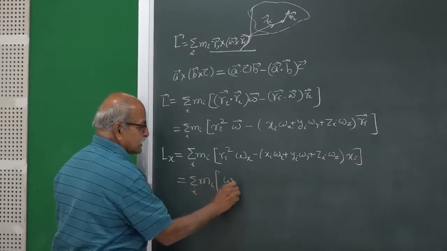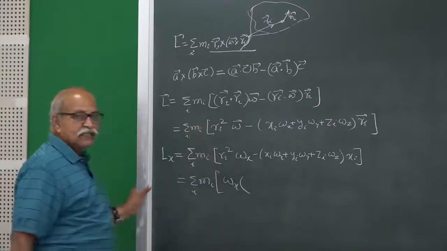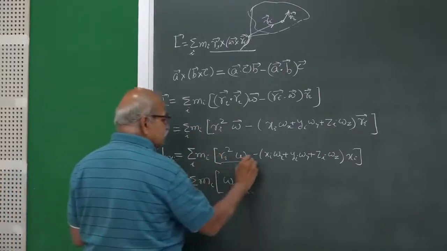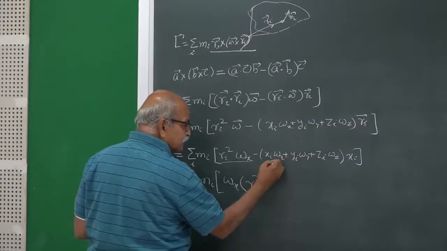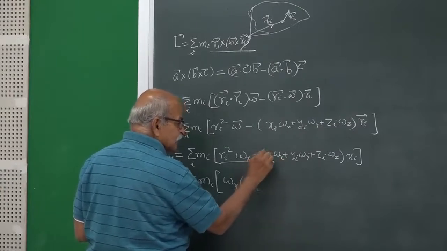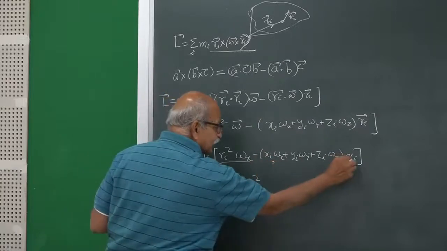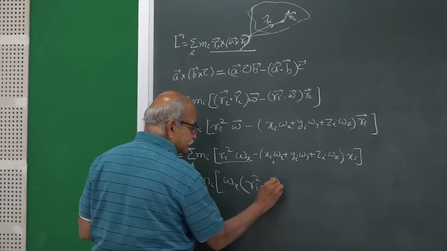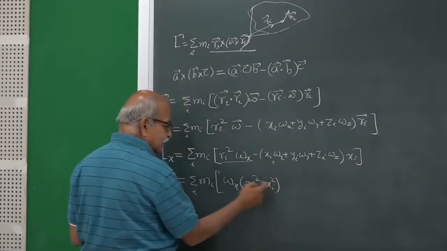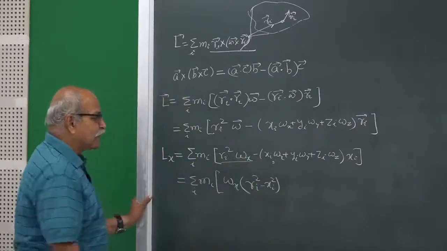Let us take that omega_x part: omega_x is coming from here, so that is r_i square, then minus x_i into x_i and omega_x, so minus x_i square into omega_x. This is the omega_x part I have taken.